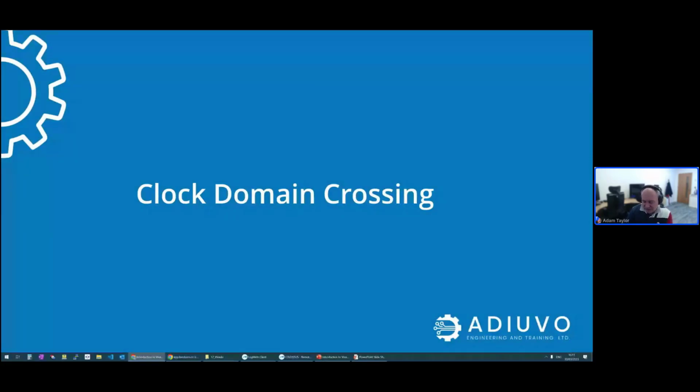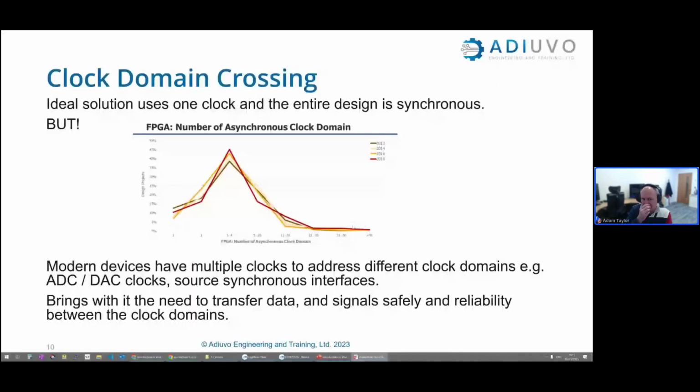And one of the things that we can often hit with designs, and we're not going to look too much at it today, is clock domain crossing examples. Years ago, when I started being an engineer, I was told the ideal solution for the projects I was working on was that we would use one clock, and that would be all that was in the design.